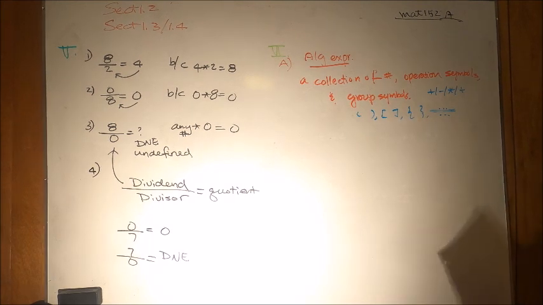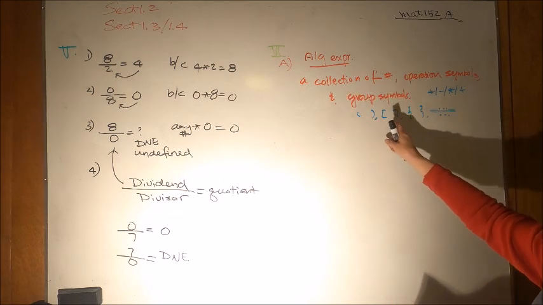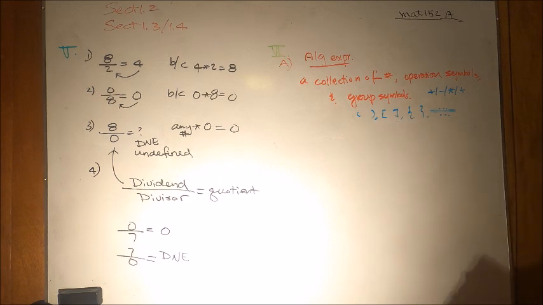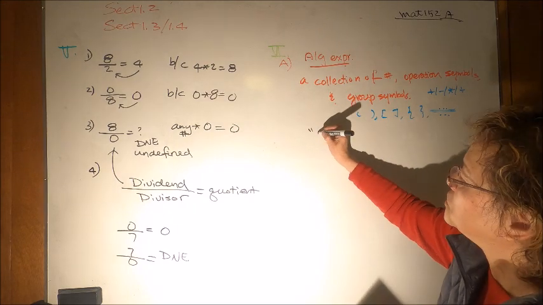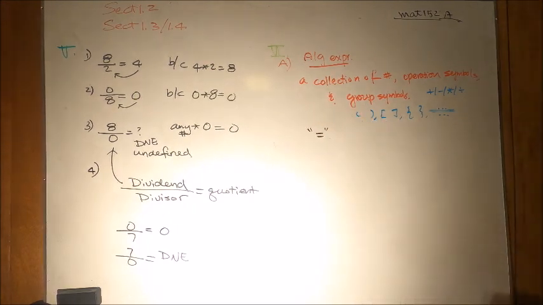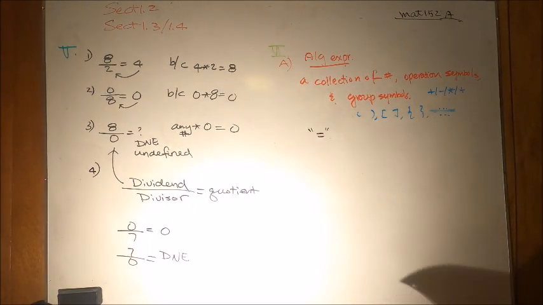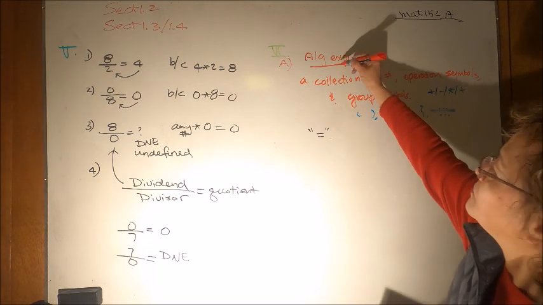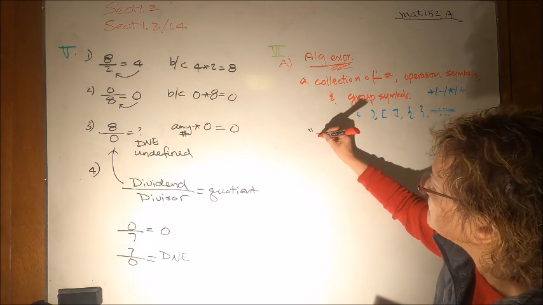So we express the math idea with what? Expression. So that's a math language. Another math language we use is what? The equal sign. Do you see the equal sign in math all the time? That's another language, either by expression or by the equal sign.